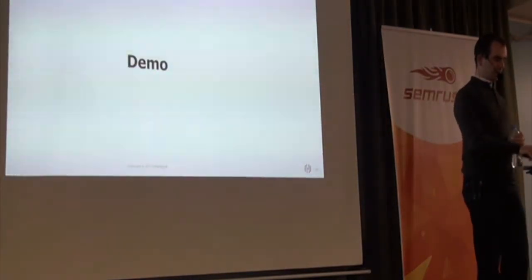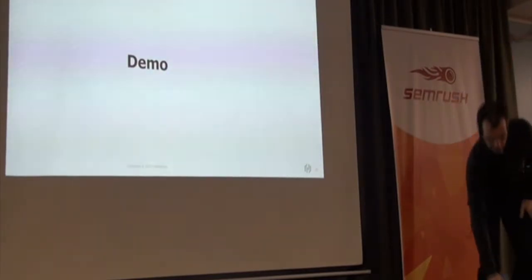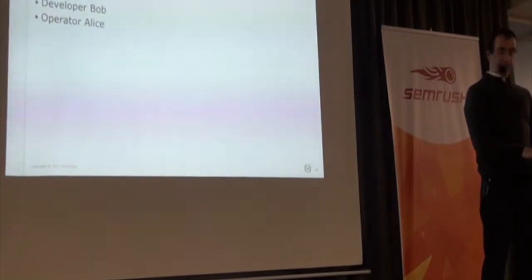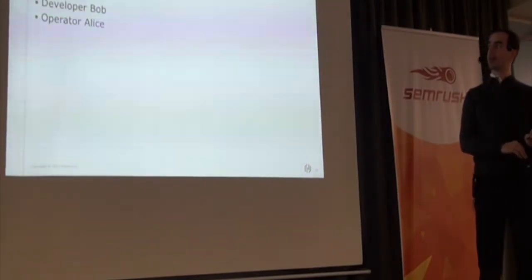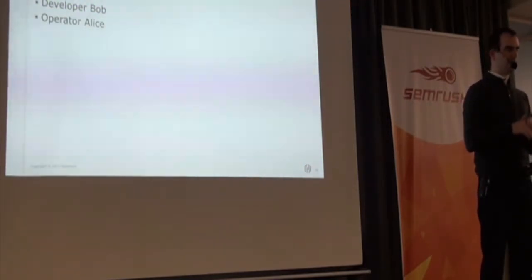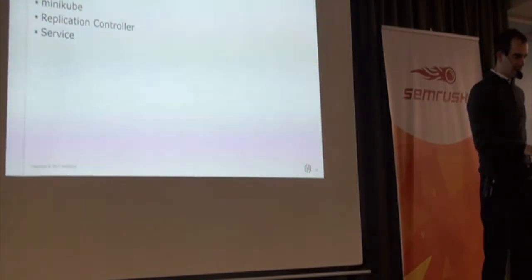So we are pretty much near the end. We get to see the demo, hopefully. But before we dive into the demo, we have two personas in the demo. The first one is developer Bob and operator Alice. And we're going to build an on-call app.